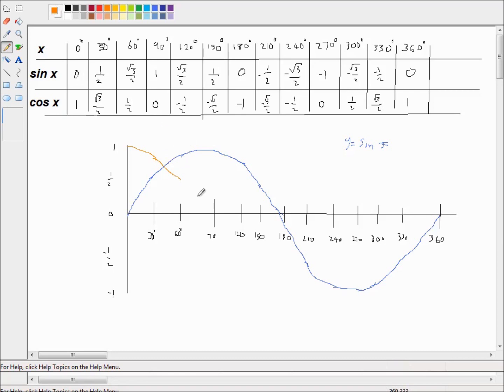And then at 90 degrees we're at 0. And then at 120 degrees we're at negative a half. And at 150 degrees we're at negative root 3 over 2. And at 180 degrees we're at negative 1. And then at 210 degrees we're negative root 3 over 2 again.